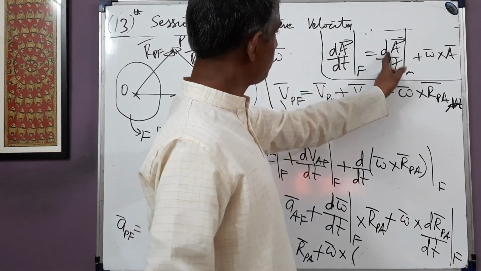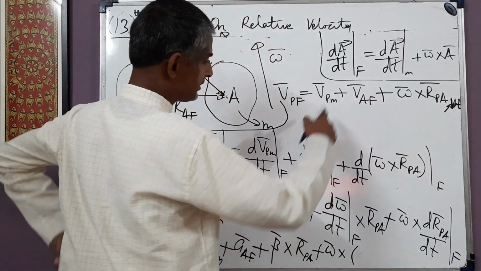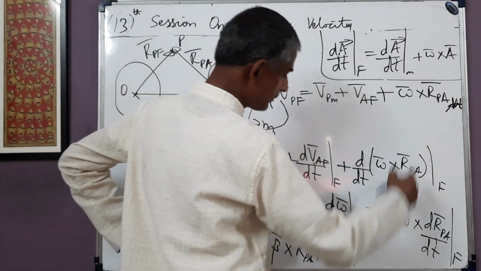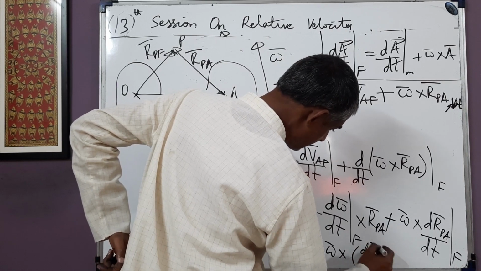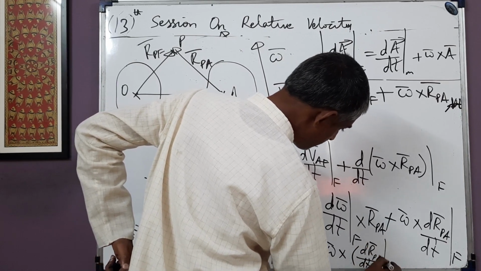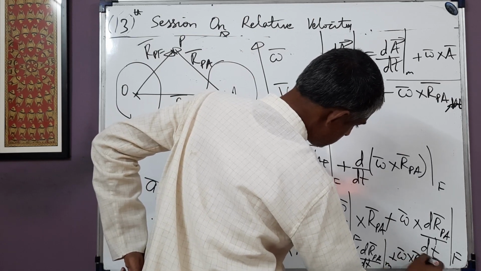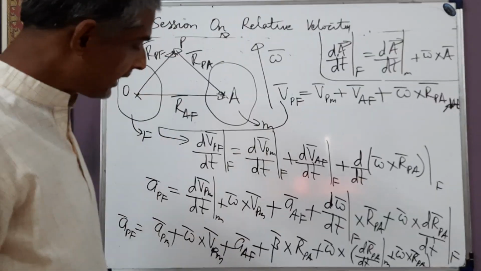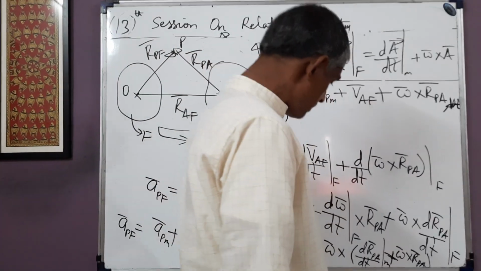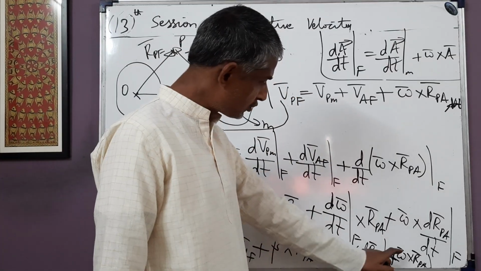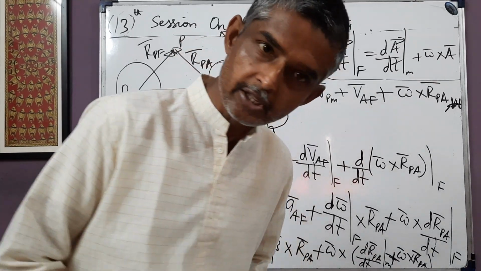If we apply this formula here, instead of vector A we take vector RPA, and F and M. So dRPA by dt in frame F will be written as dRPA by dt in frame M plus omega cross RPA. Alright? Is it clear?